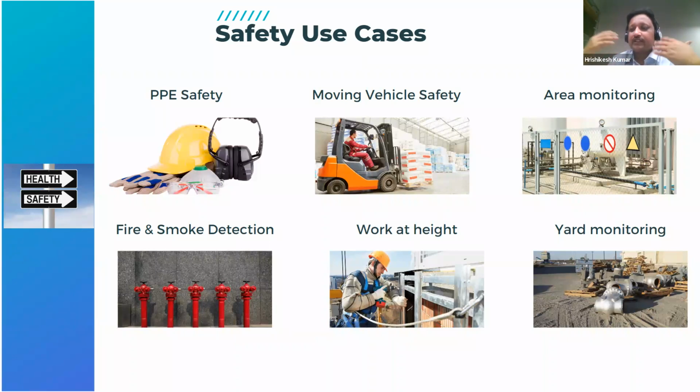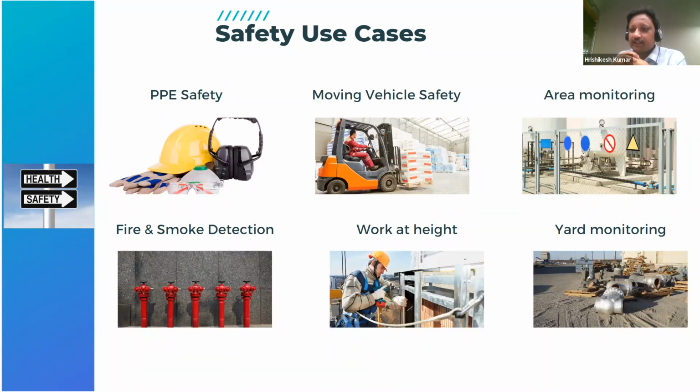All these use cases are getting automated. The pace is still slow, but it's going to pick up really fast and it will be exponential. So in a few years' time, you will see something getting monitored, and if there's some kind of violation, the alerts are going to the worker, to the supervisor, etc.